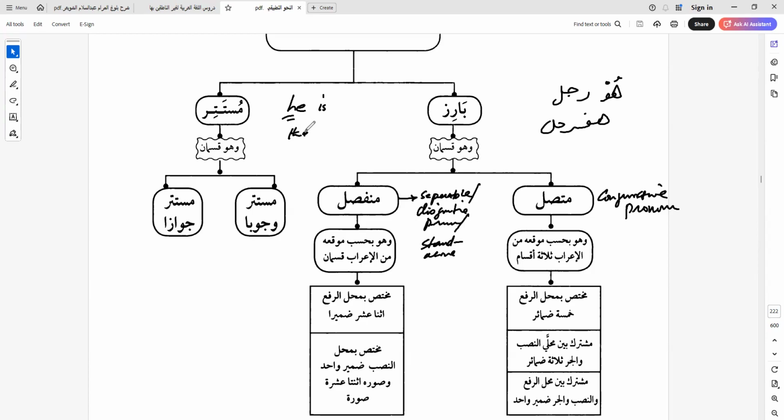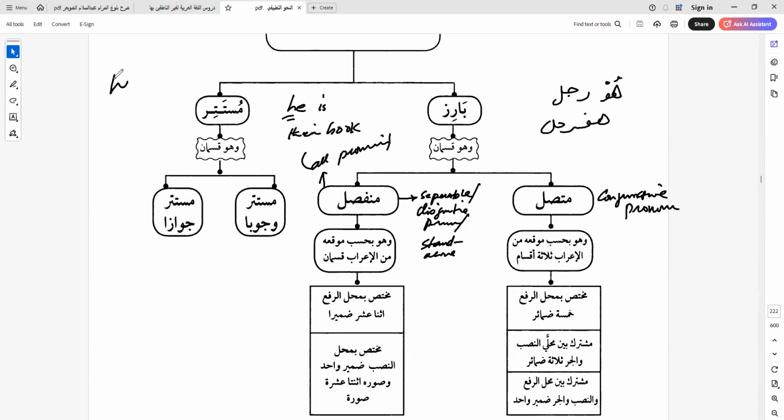Their book. So you can see damir munfasil is like all English pronouns. All English pronouns are munfasil. In English, we don't connect the pronouns, whether they are possessive, objective or subjective pronouns. They are written alone.